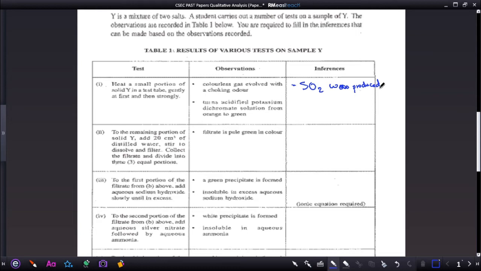Sulfur dioxide would act as a reducing agent, where it changed potassium dichromate from orange to green. So sulfur dioxide is oxidized in the process while it reduces potassium dichromate.